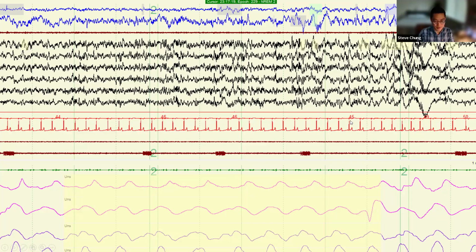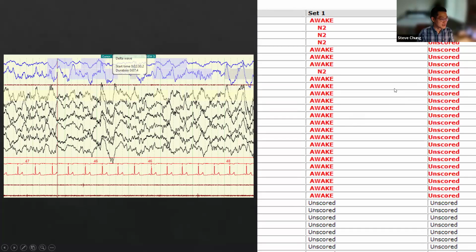I was trying to play around with the settings, and I couldn't get the machine to differentiate apneas from hypopneas and centrals from obstructives. And this is to highlight the key differences. Each of the disagreements between auto scoring and human scoring is highlighted in red.